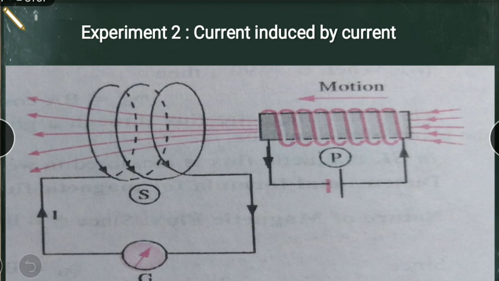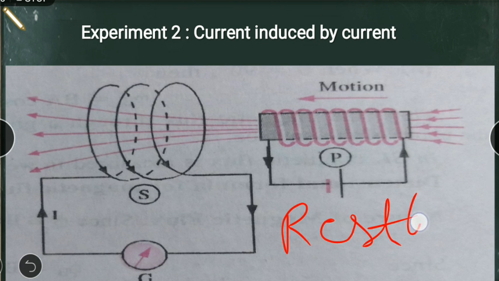Okay, if both primary coil and secondary coil are in the rest condition, the galvanometer pointer stops at 0, that is, there is no current in the circuit.